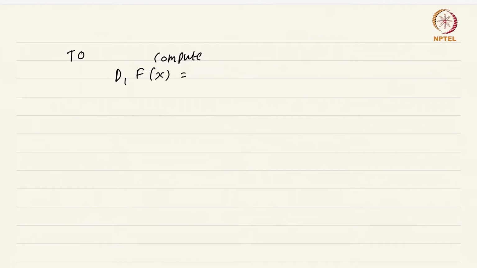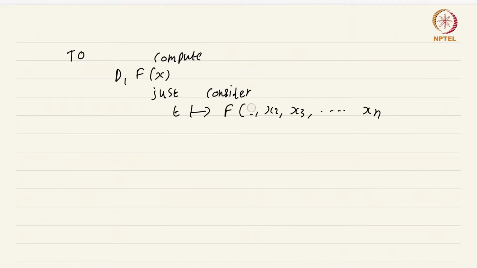To compute this, just consider the map t going to f of x1 plus t, x2, ..., xn, where this x is equal to (x1, ..., xn).